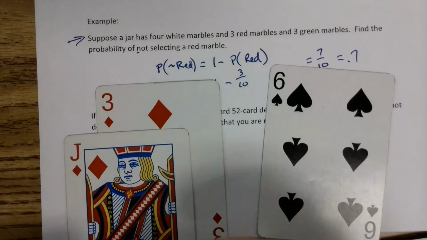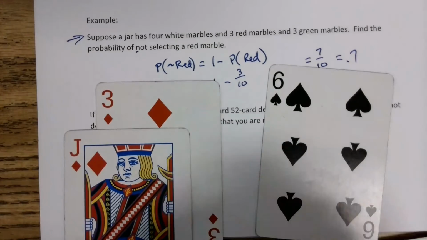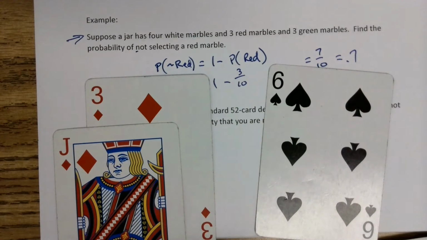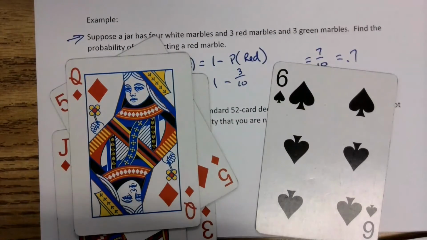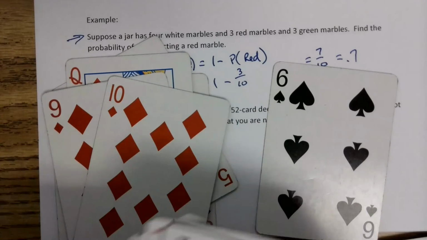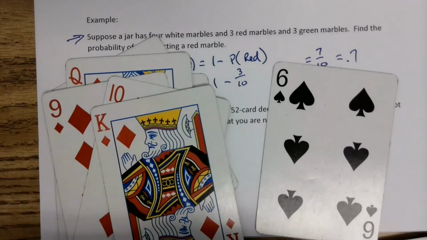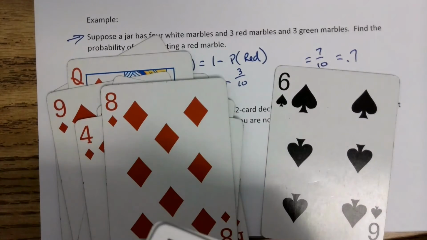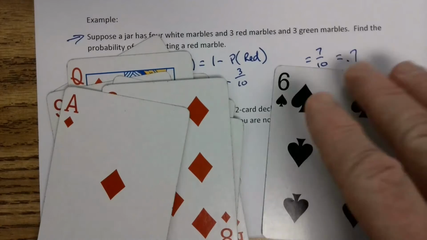They go from 1 to 10, and then Jack, Queen, King. There's a 5 of diamonds, a Queen, a King, a 10 and a 9. I'm going to get all the diamonds out here. There's going to be 13 total of these, or there should be, unless somebody's lost some cards.